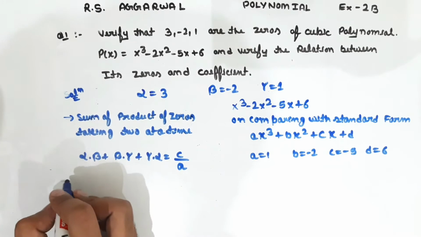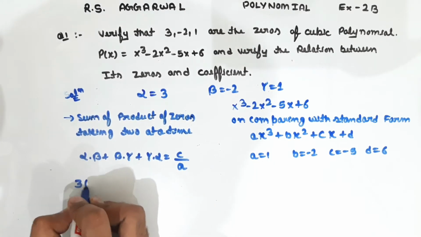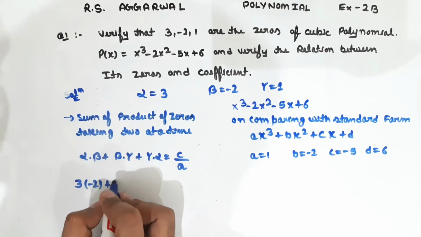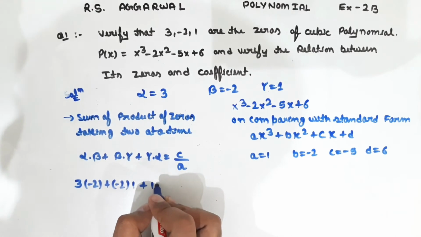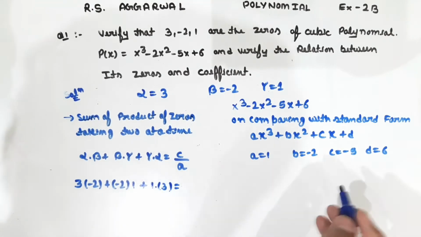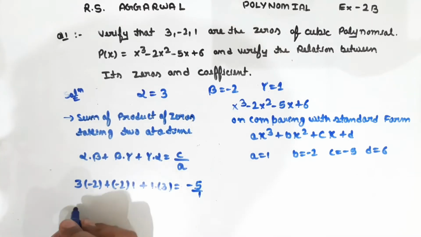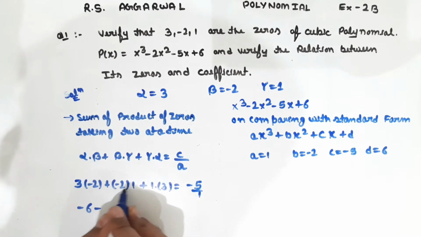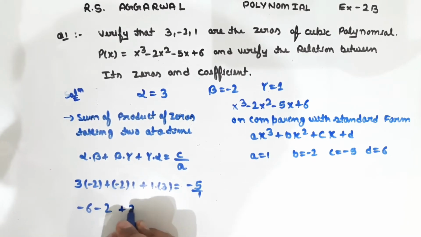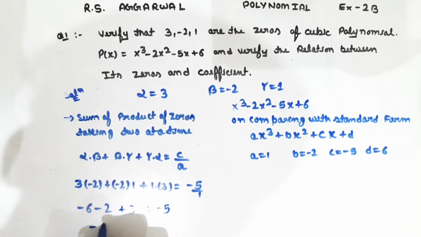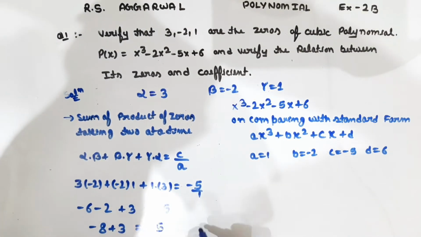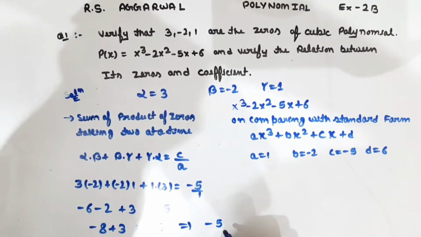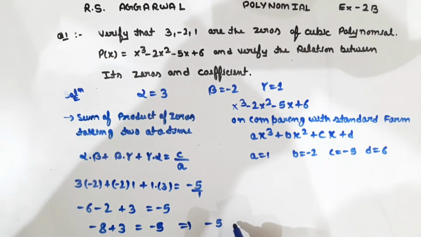So alpha is 3, beta is minus 2, plus minus 2 into gamma is 1, plus 1 into 3 equals to c, minus 5 upon 1. So 3 into minus 2 is minus 6, minus 2 into 1 is minus 2, and plus 3 equals to minus 5. So minus 8 plus 3 equals to minus 5. So from here, minus 5 will be equal to minus 5.